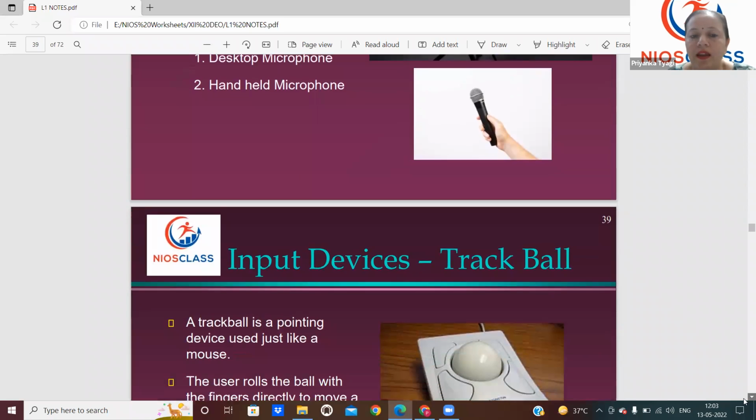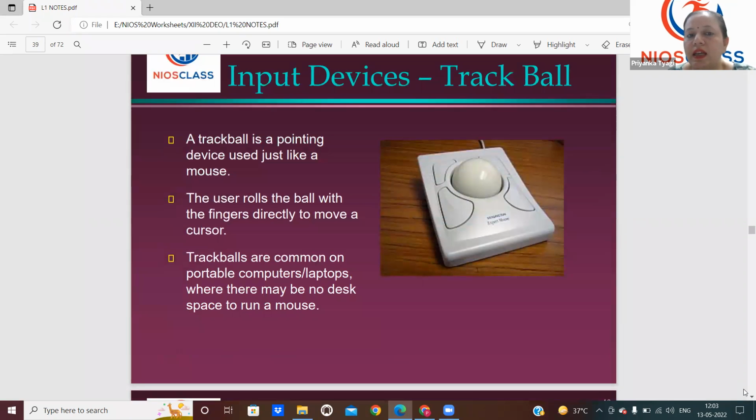Now in this list, there are a few more input devices, like the trackball. As you can see in the picture, the trackball is also a pointing device. It is just like the mouse. I have given the example of the mechanical mouse. In the mechanical mouse, at the bottom side there is a ball, and when we move the mouse on a flat surface, the mouse pointer is managed by the movement of that ball.